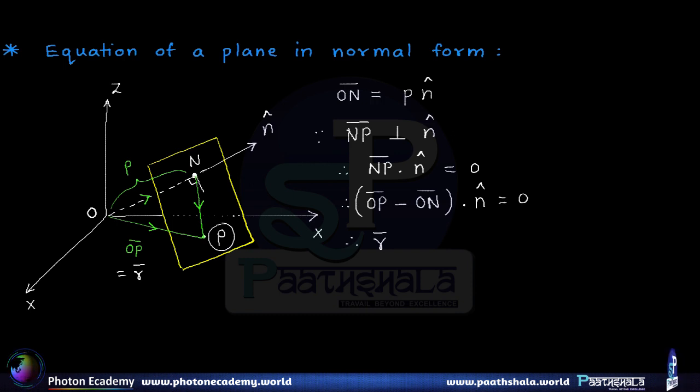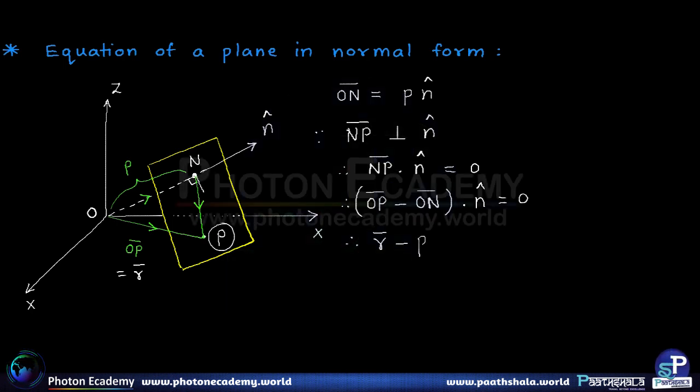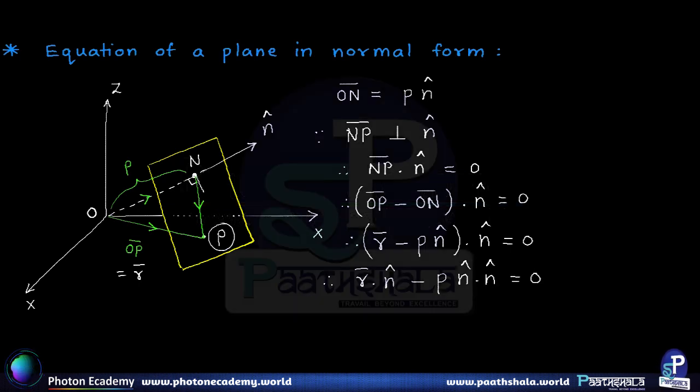So it's r bar minus ON bar, which we already found to be p n cap, dot n cap equal to 0. On expanding we will get r bar dot n cap minus p times n cap dot n cap is equal to 0. Now being a unit vector, its dot product with itself will of course be 1.